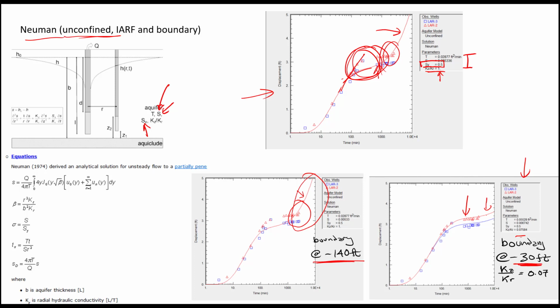You would probably usually think something more like 0.2 to 0.3, so this might be a bit on the high end. For this fit, I actually used the automatic fitting capabilities in AQTESOLV, and I constrained the specific yield to a maximum of 0.5, and the automatic fitting just selected that maximum value as the best fit.